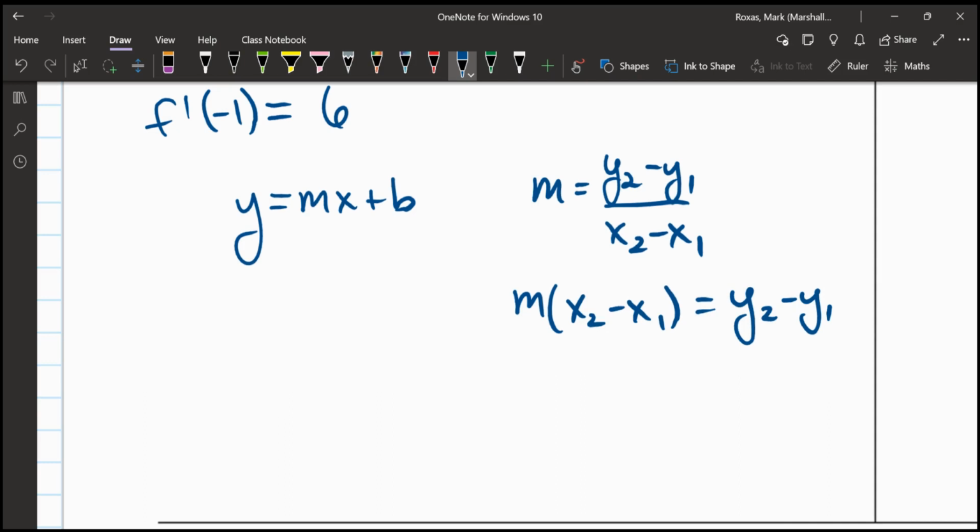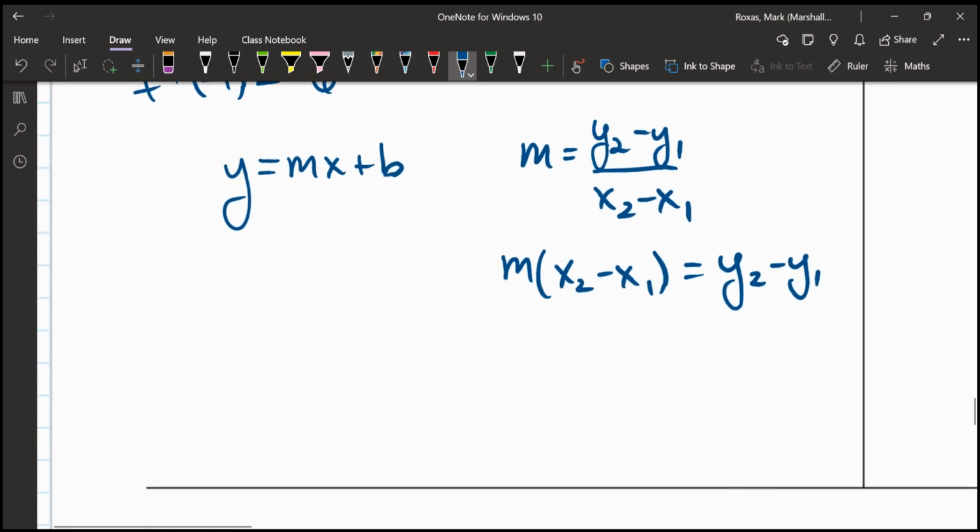So all I've done is multiply both sides by x2 minus x1 so I can get rid of the denominator. And so I could apply that formula as well and just change it slightly.